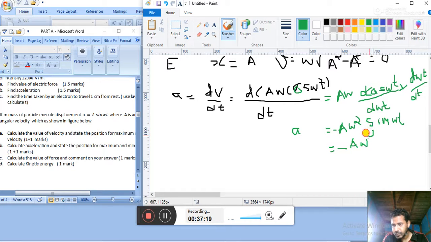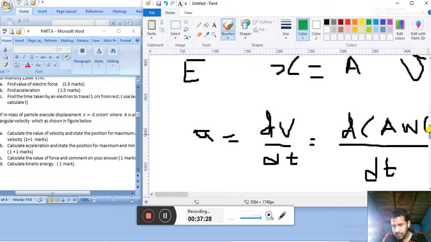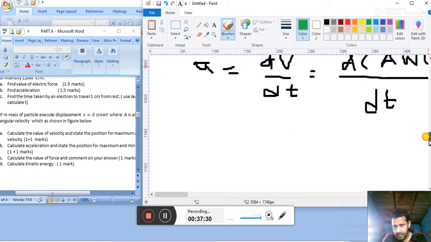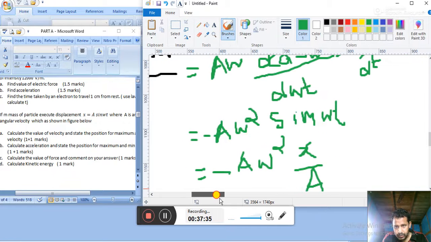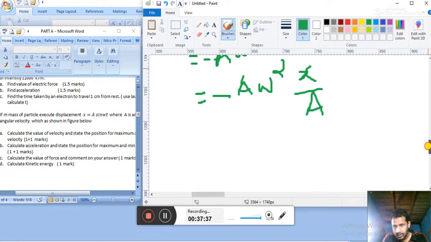The a and a cancel, and we get minus omega square x. This is the value of acceleration.